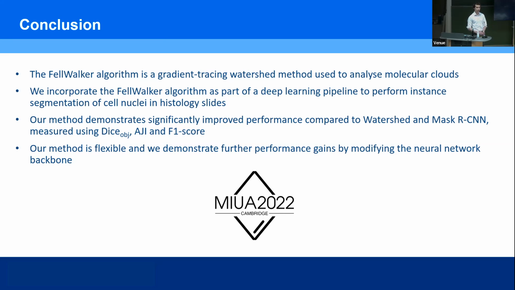But the Fell-Walker only uses the distance map, which is very different to looking at the actual pixel intensities. So you can circumvent the problem by ignoring the challenging pixel intensities that could be misleading the algorithm, and instead focusing on more important data that has less noise and can hopefully give us better segmentations.